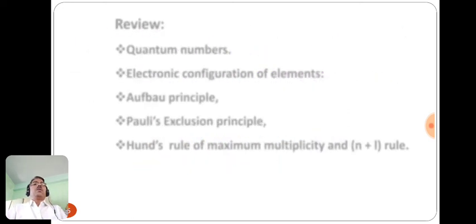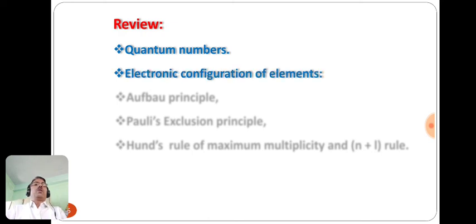So this is regarding the topic atomic structure. Today we have studied what is meant by quantum numbers. We have studied 4 quantum numbers: principal quantum number, azimuthal quantum number, magnetic quantum number, and spin quantum number.